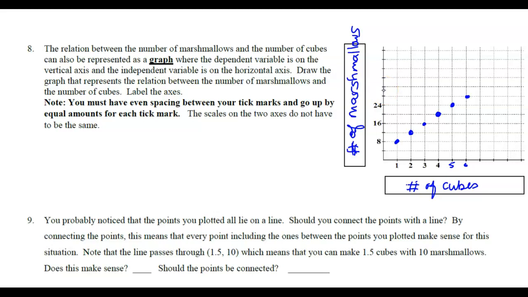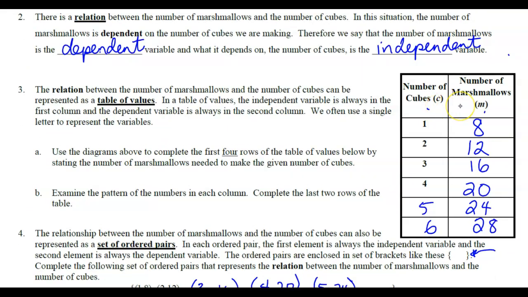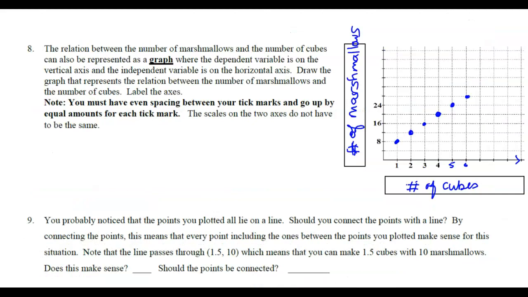Label the axes, which we did. Here I would also label the number of cubes. If you look back in our chart, we used the variable C, and for marshmallows we used M. So here I would put a little C, and here a little M, but then label with words, okay?